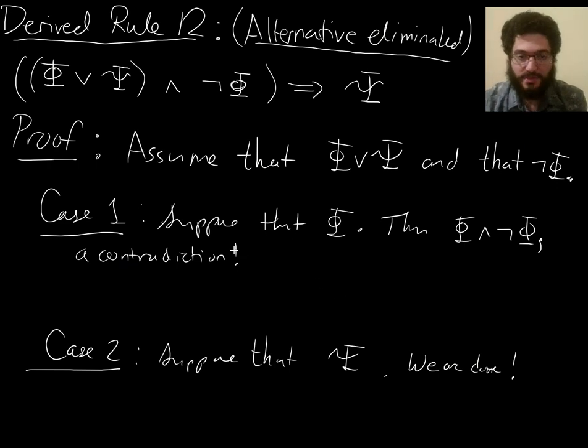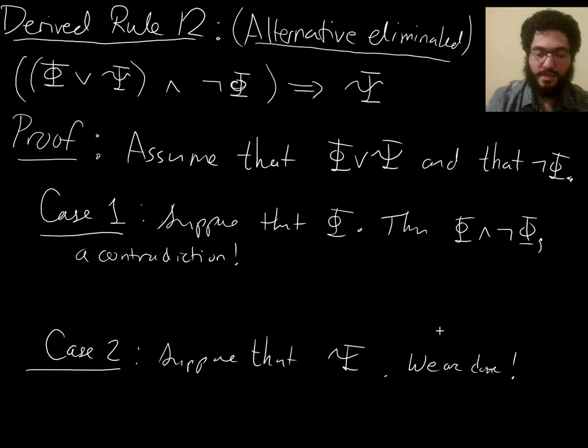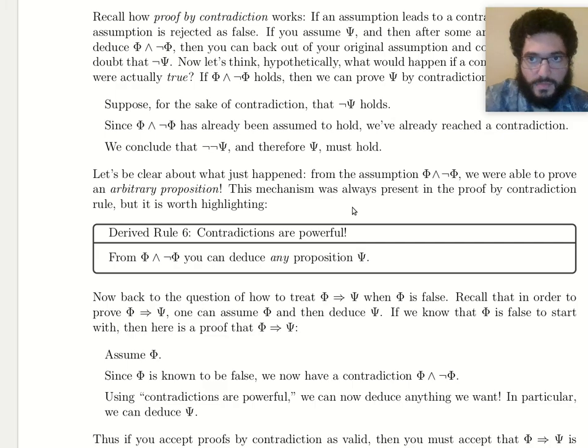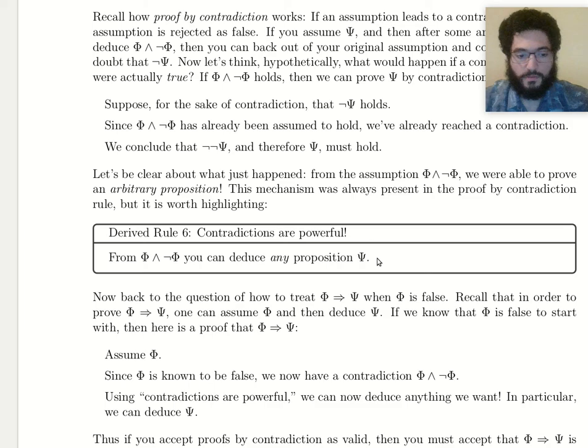But to really finish, technically, we have to reach the end in both cases. So in case 2, we reached the end, psi. In case 1, I also want to eventually reach psi. But as soon as I reach a contradiction, then I can do it just because of this rule from before, that if you have a contradiction, then you can deduce anything you want from that.